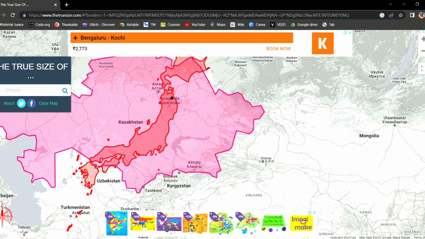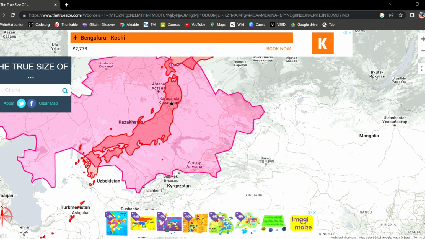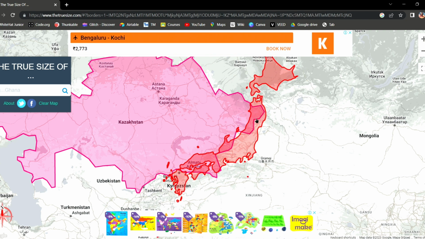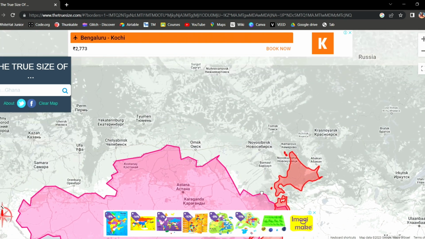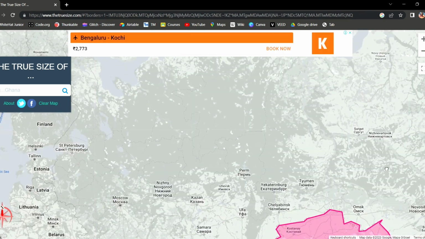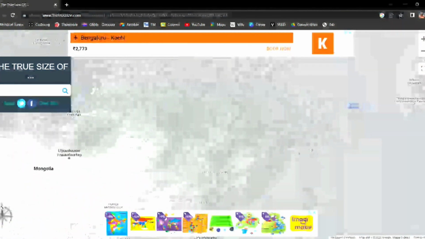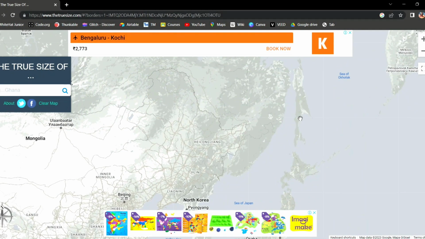So the size difference is pretty little, but the size difference doesn't mostly matter. Size doesn't matter for anything except for some countries, like this boy here. And population matters here because if there's more population, more people can join the army.